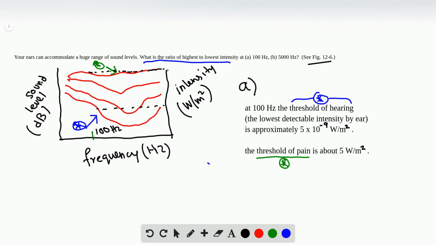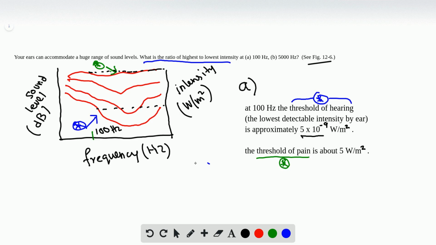So that will be our highest intensity and that will be our lowest intensity. And this is an approximate number because we are approximating this point. And so the lowest, or the threshold of hearing, is 5 times 10 to the power minus 9 watt per meter squared, and threshold of pain is about 5 watt per meter squared.